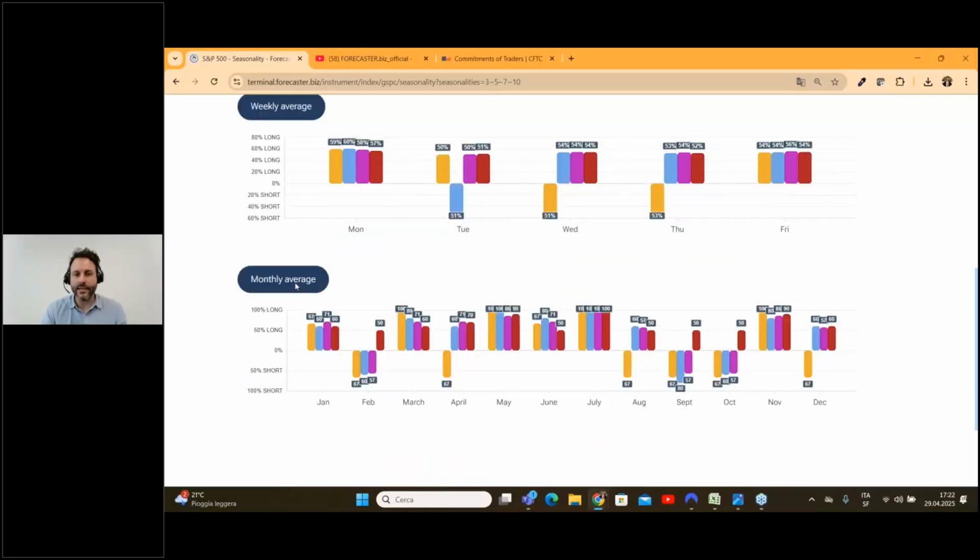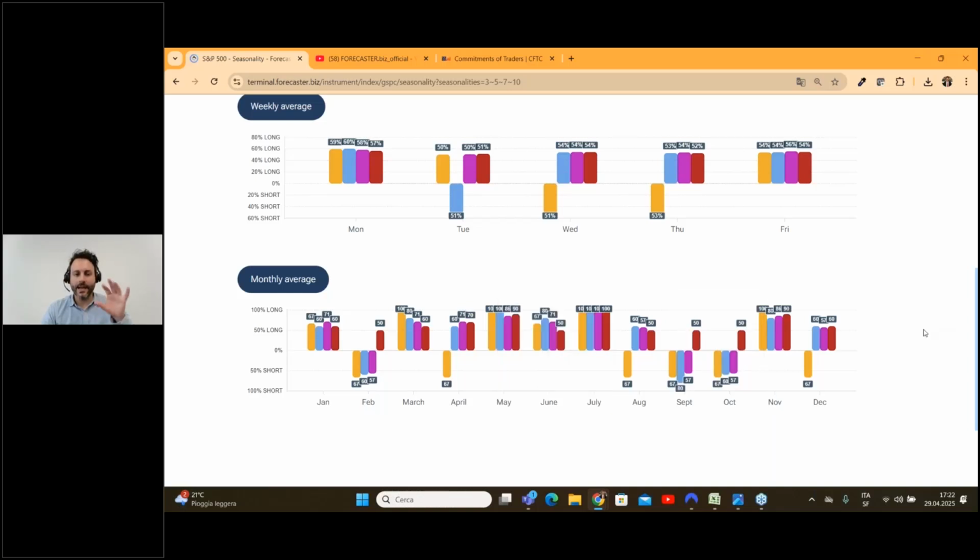Okay. So, for example, what is very interesting, since we are approaching summer, talking about the S&P 500, is that in the last 3, 5, 7, and 10 years, every July was a long month, okay?